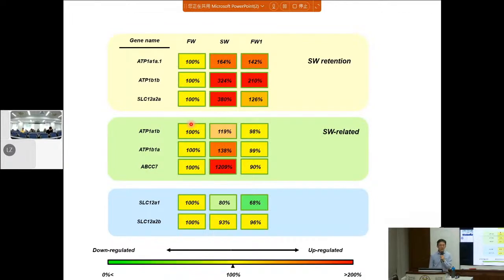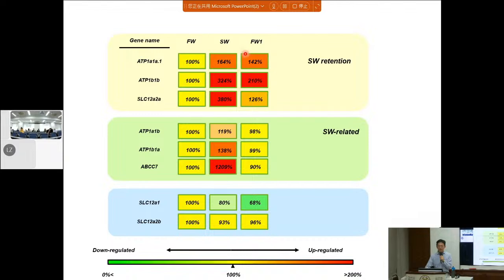So we analyzed the gene expression pattern of these seawater retention genes. We found several genes called ATP1A1A.8 and ATP1B1B, which sustain their expression in the freshwater. We sampled the fish gill in freshwater, then transferred to the seawater, and then transferred back to the freshwater.